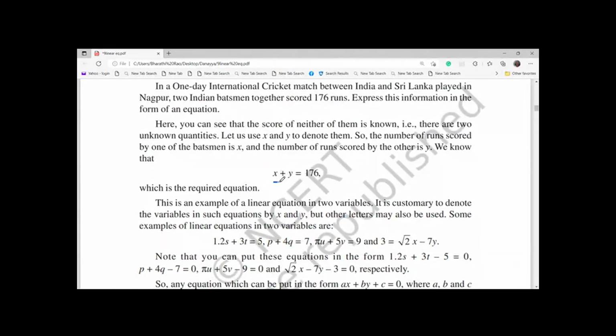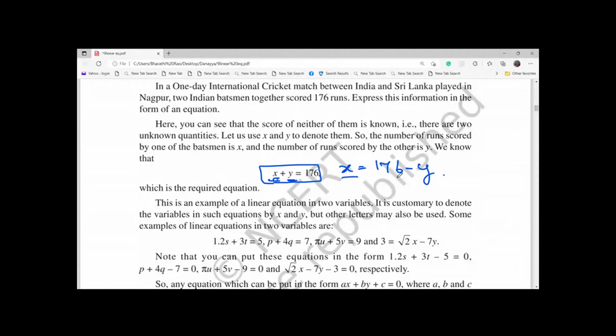Now see, there is one more equation here. Here, can you find out the value of x and y? Ma'am, x is equal to 176 minus y. Yes?